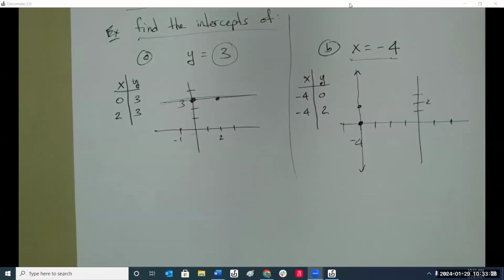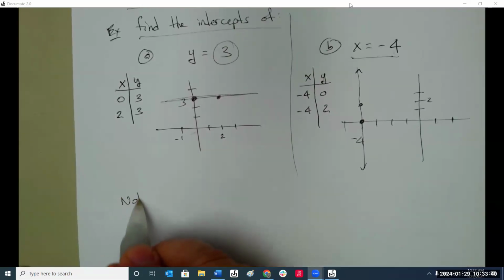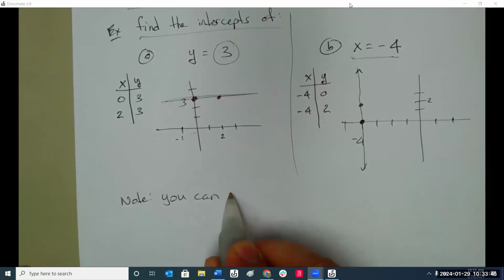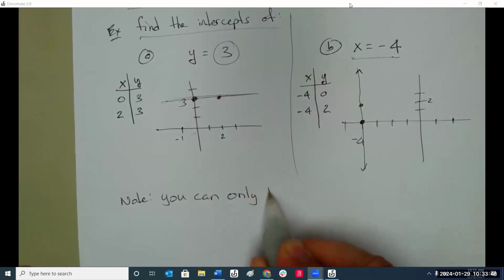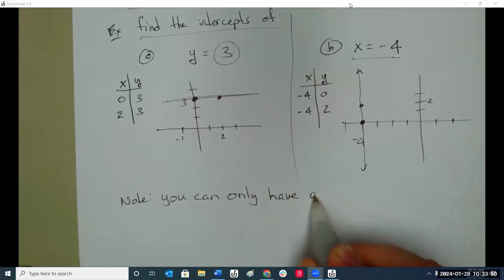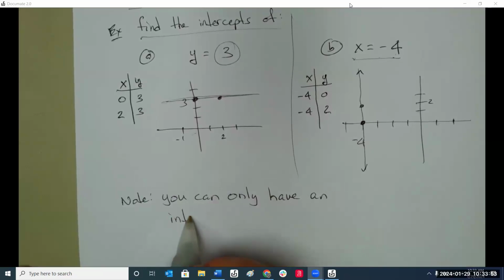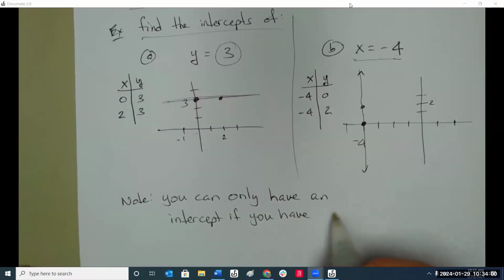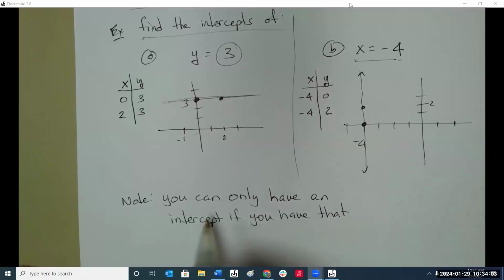These are legitimate equations. I put those there for a reason. You can only have an intercept if you have that variable.